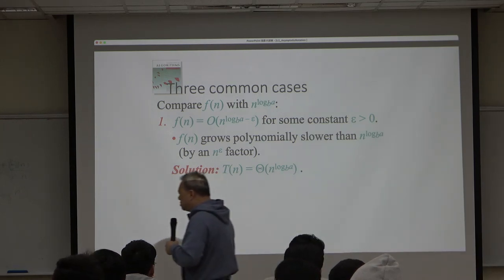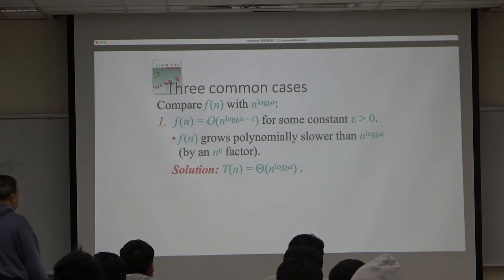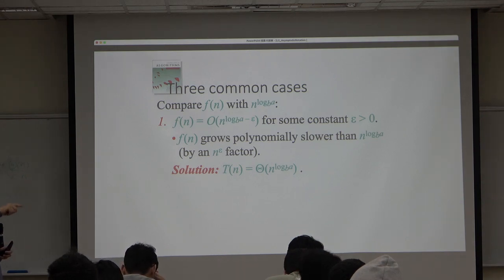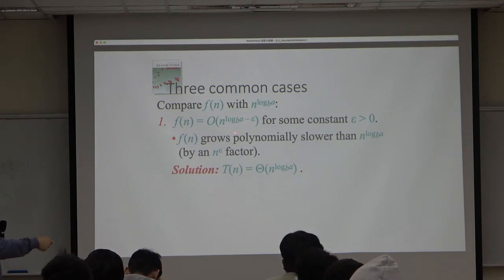So what's the rule? There are three types of situations. The first one: you always need to check n to the power of log base b of a. You know log, right? For example, log base 2 of 4 is 2. So you need to check this order.